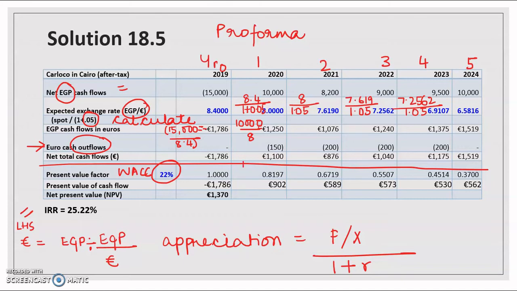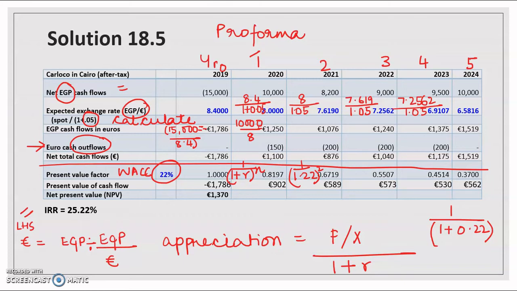So you will be looking at 1 divided by 1 plus R to the power n again, which in other words means 1 divided by 1 plus 0.22 to the power 1. 1 divided by 1.22 to the power 2, and so on subsequently.